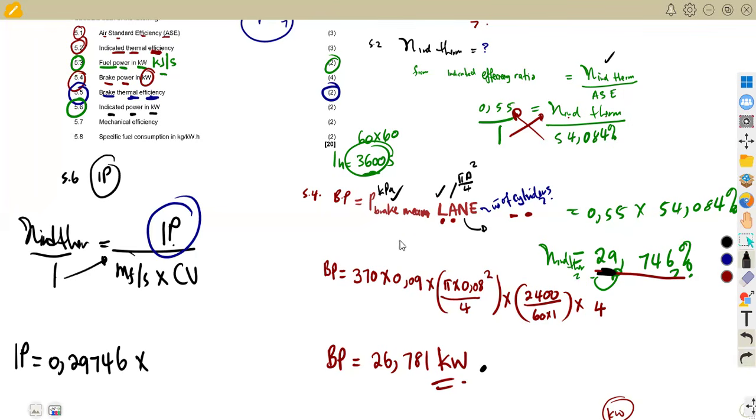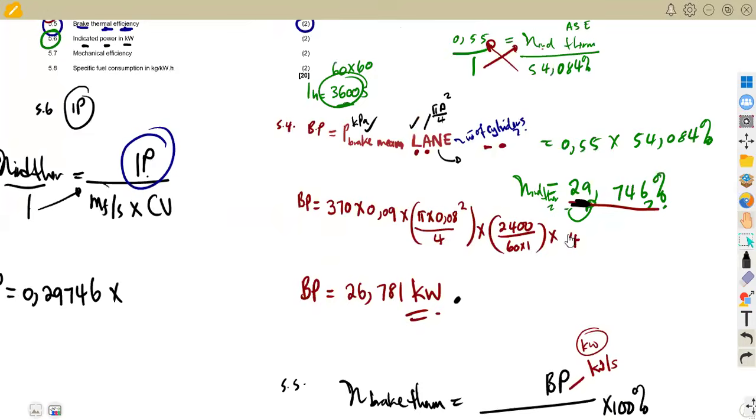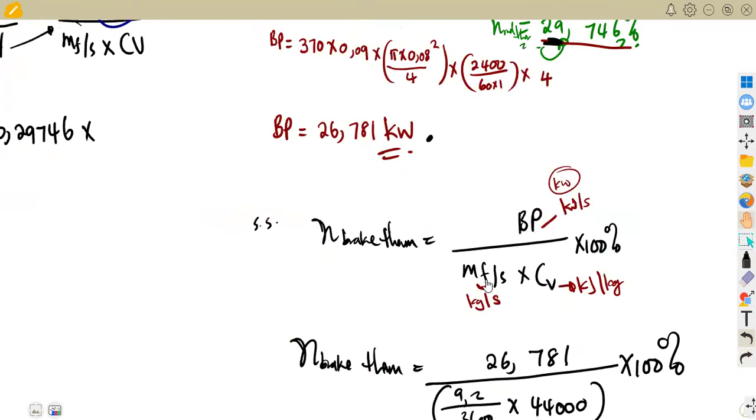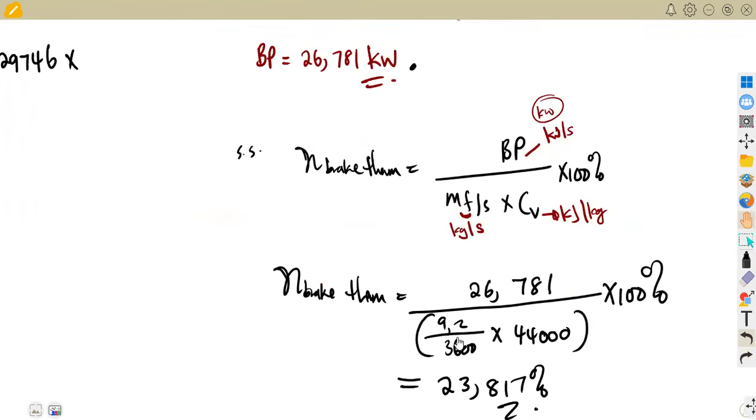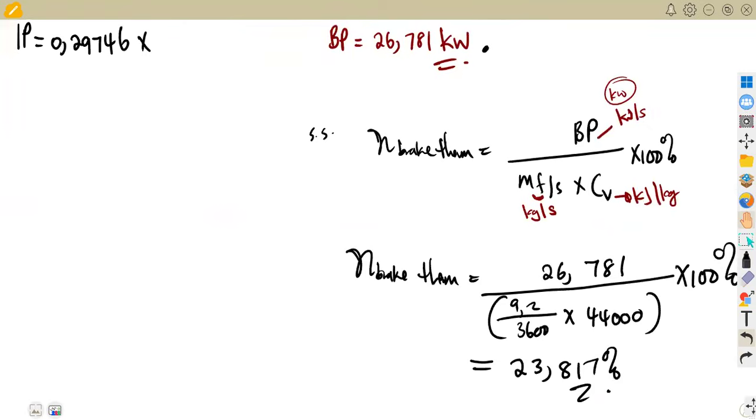We said the mass of fuel per second is going to be 9,2 over 3,600. We changed this, so it does not change. It's still 9,2 over 3,600 times what else do we have?